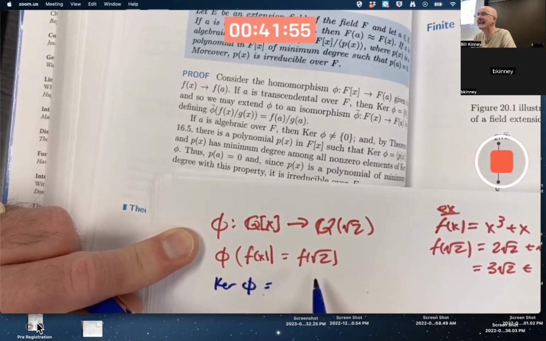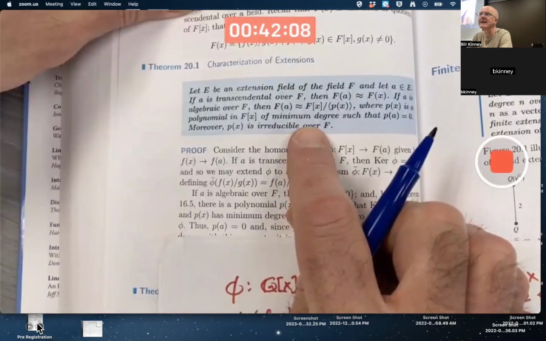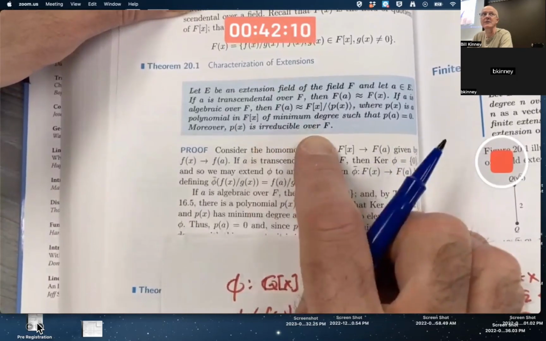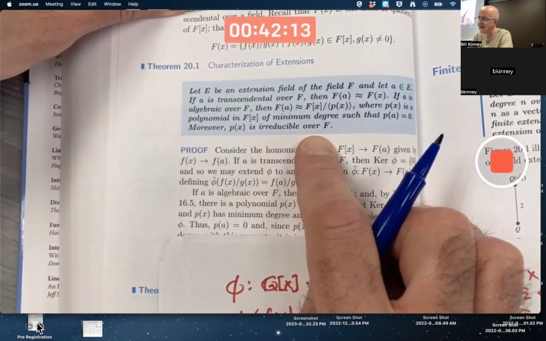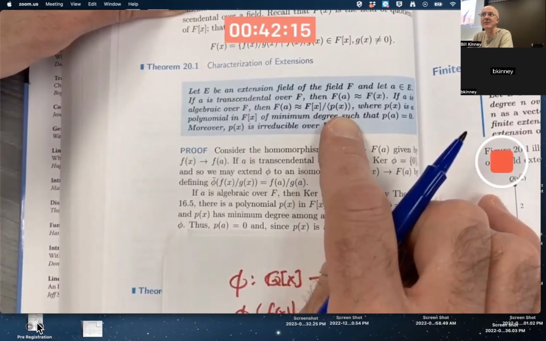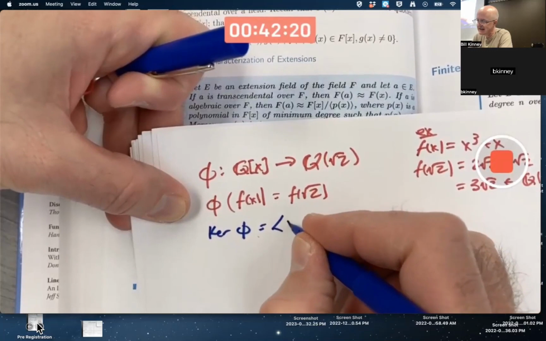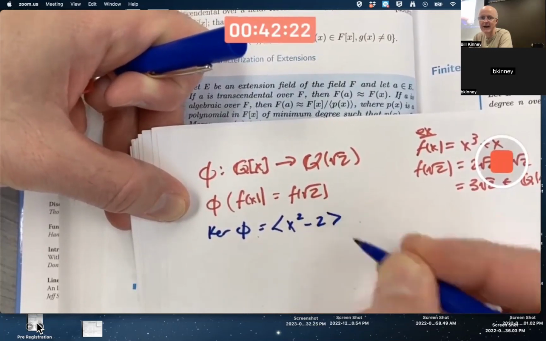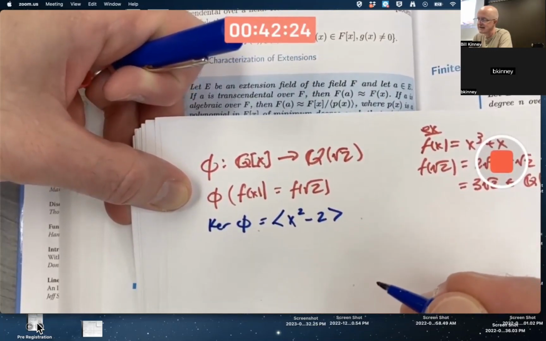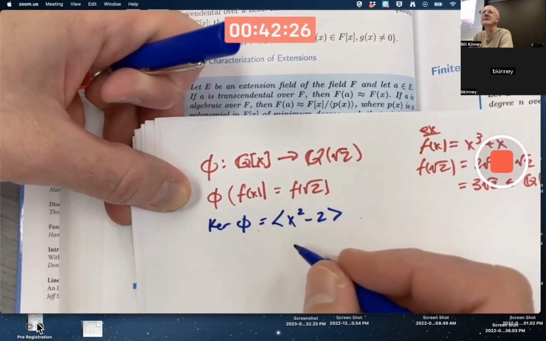And in fact, among polynomials with rational coefficients, that's got to be a polynomial that has square root of 2 as a root with minimum degree. And it's irreducible over Q. Evidently, it's a generator for the principal ideal that we got to mod by. The kernel is going to be the principal ideal generated by x squared minus 2. That takes proof, but it's not hard, actually.